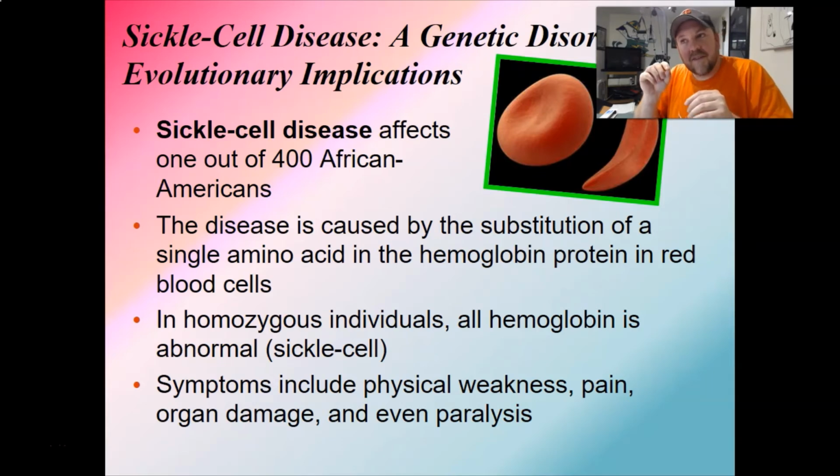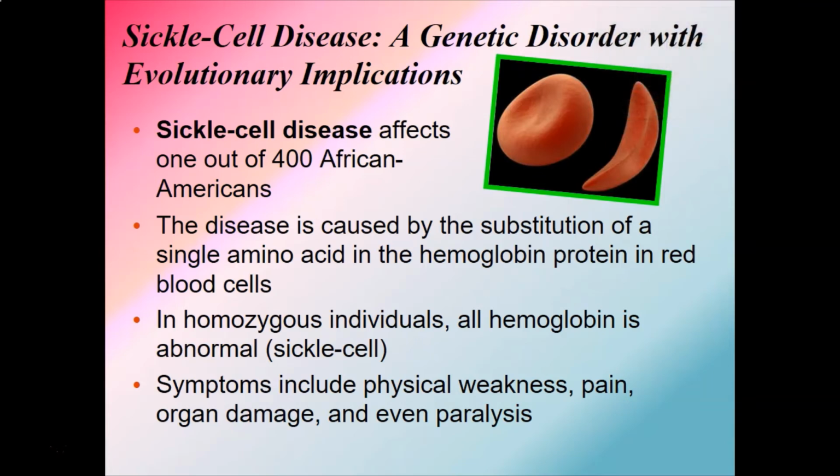Because instead of having these squishy, donut-without-a-hole, happy red blood cells carrying oxygen, no, you have this morphed, sickled red blood cell. If you want to think of it like little daggers going through your body, getting stuck places, it's not a good thing. Okay, so symptoms, which we'll talk more about later, include physical weakness, pain, organ damage, even paralysis.